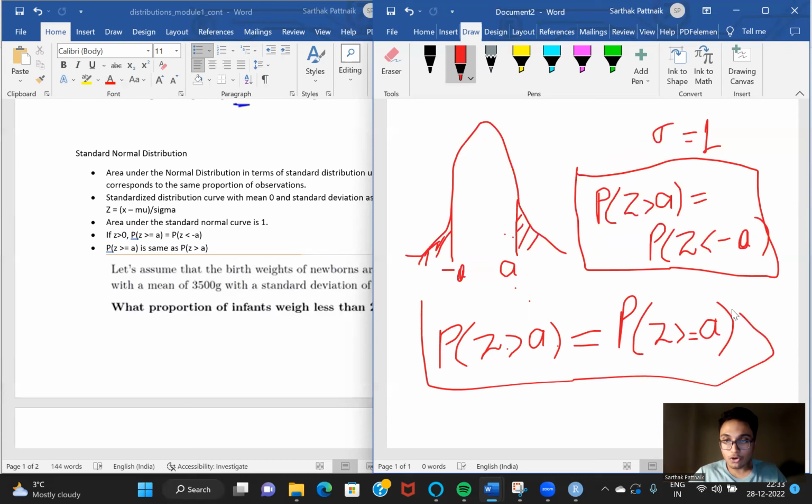In the case of normal distribution and standard normal distribution, the point itself doesn't contribute to the area. An area is in a specific region. So writing proportion of Z greater than A is the same as writing proportion of points which are greater than or equal to A. It's one and the same thing.